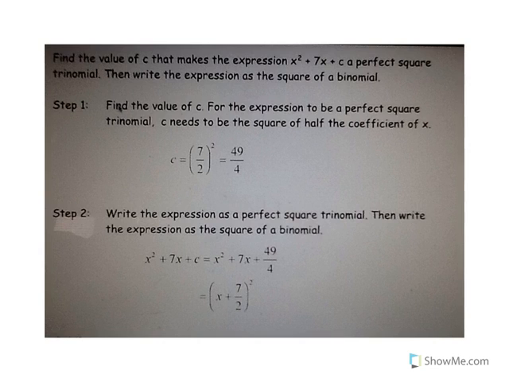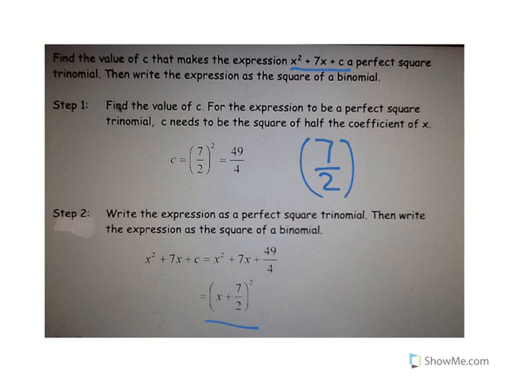So if you remember here, the value of c that makes the expression x squared plus 7x plus c a perfect square trinomial, if we find that value of c, then we can factor it in a very easy way. To find the value of c, it needs to be half the coefficient of the b value. So half of 7, so 7 over 2.